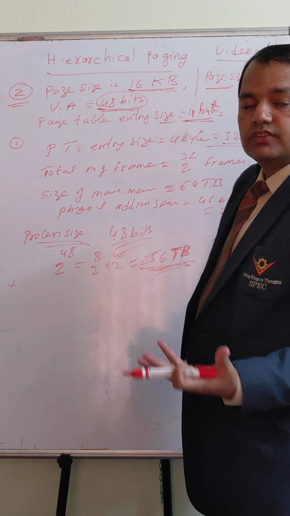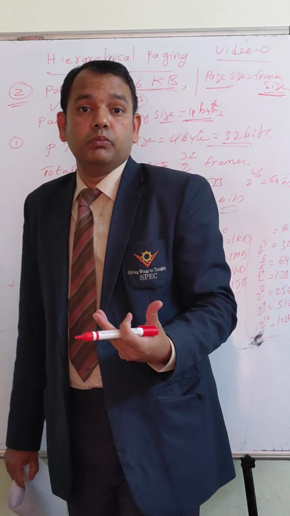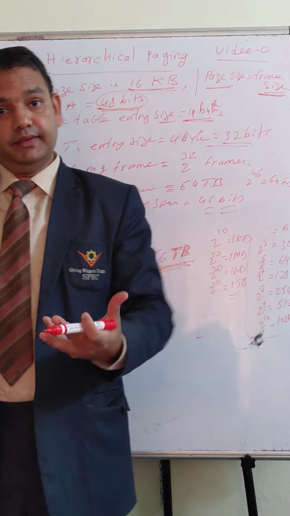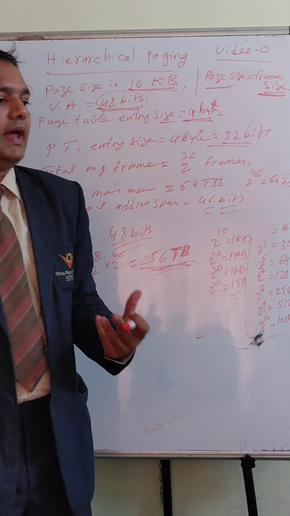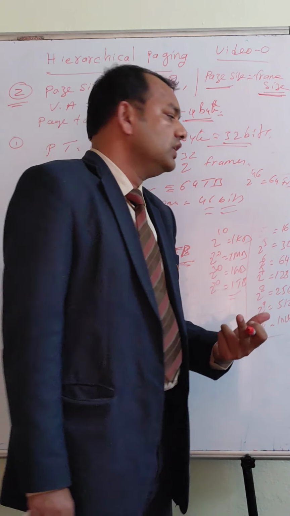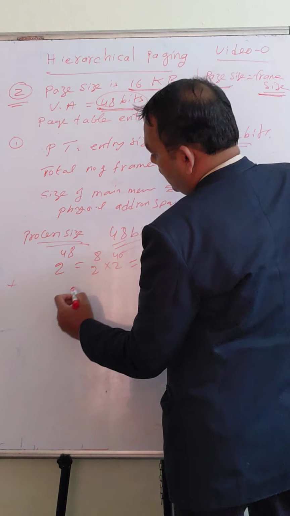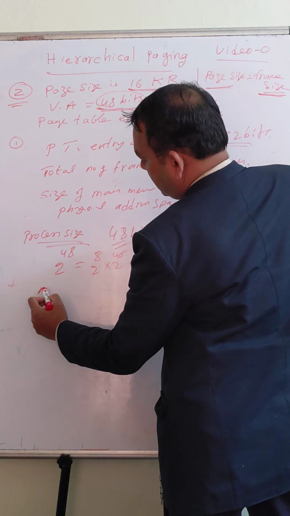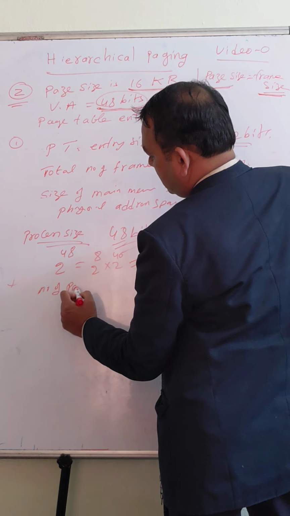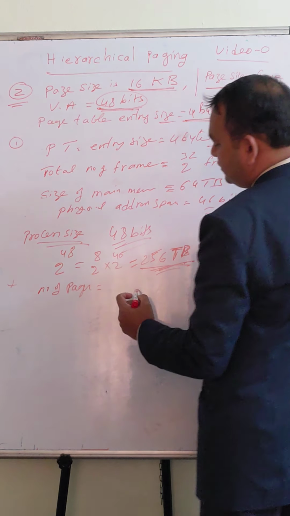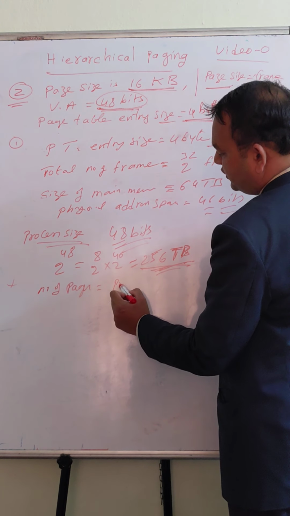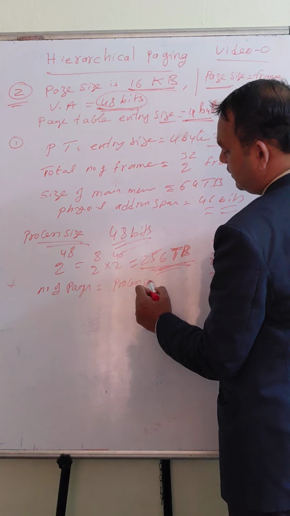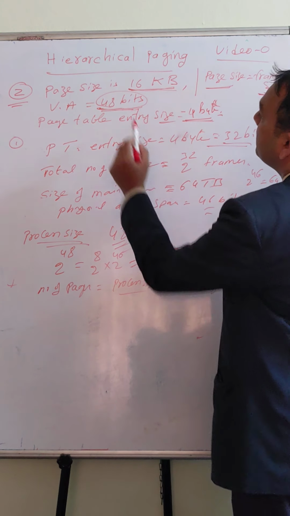How many pages does a process need in 256 TB? Now how to calculate the number of pages? The number of pages is equal to process size by page size.